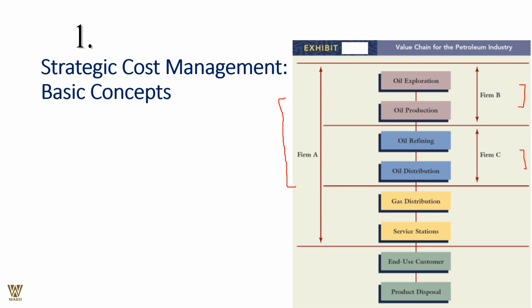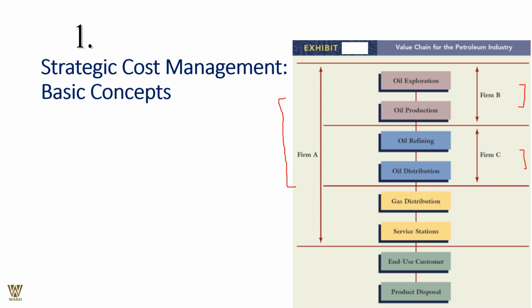Then we have firm C. They are not on-site extracting the oil from the bottom of the earth, but they are into oil refining, filtering the oil so that it can be made usable for human consumption, be it in vehicles, for the production of electricity, or for consumption in general.